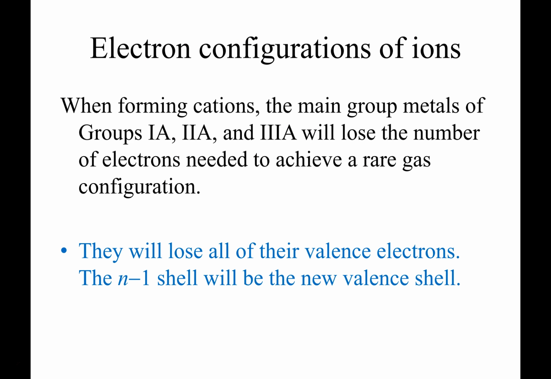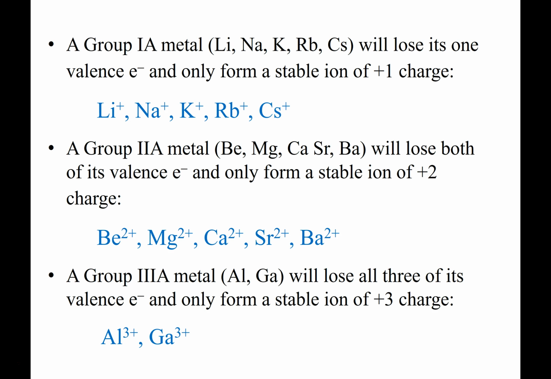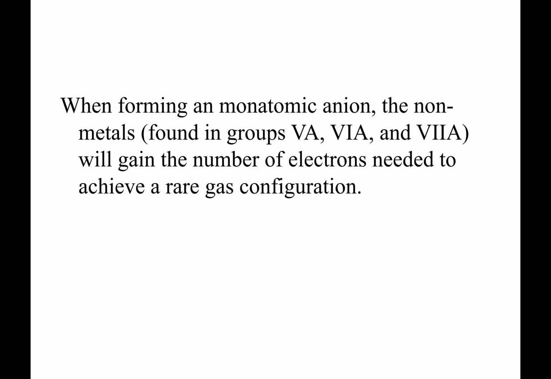And actually, these next few slides do what we just talked about. 1A, 2A, 3A, metals, you guys told me a +1, a +2, and a +3. And here we go. That's all this slide is showing you. Are we good with that? The non-metals, 5A, 6A, and 7A, what did we say they would form?